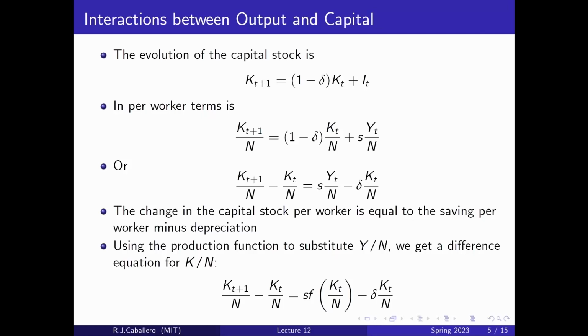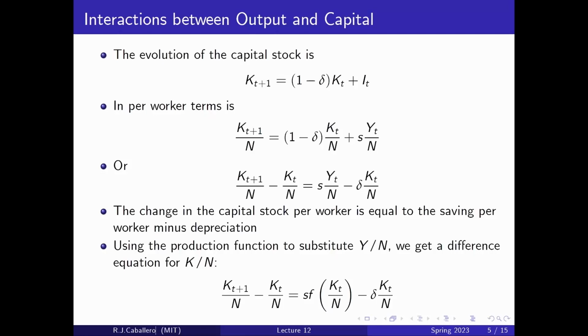Okay? And we rewrote things and replaced the saving function, and we end up with an expression like this that says capital per person grows with investment, which is funded by savings, which is an increasing function of output, which in turn is an increasing function of capital per person, minus whatever is the depreciation.